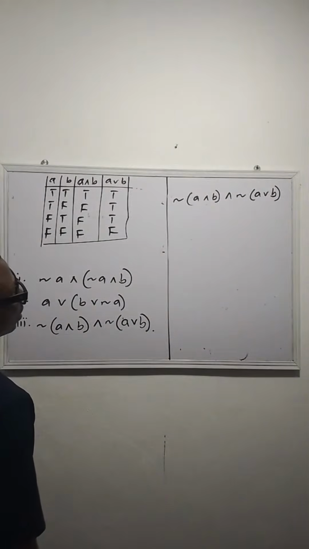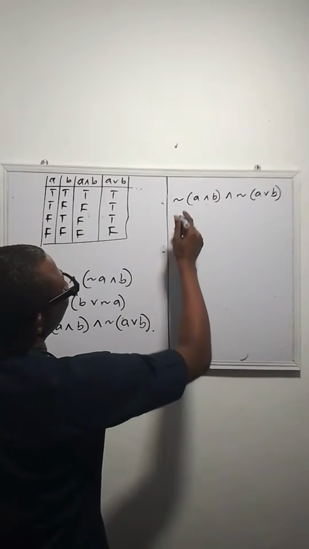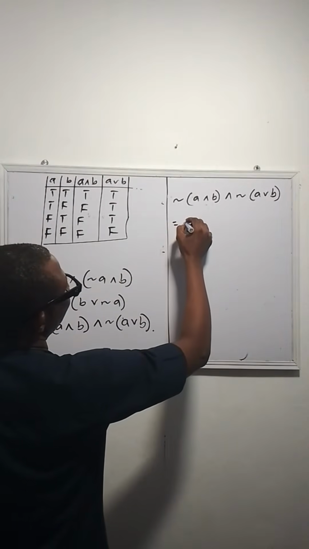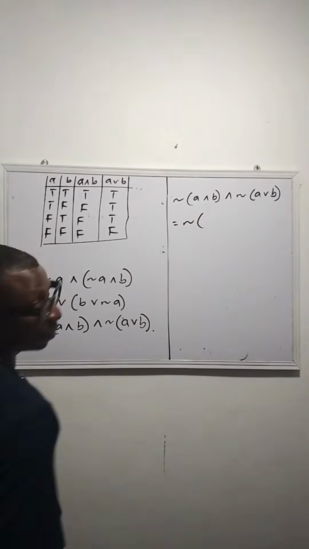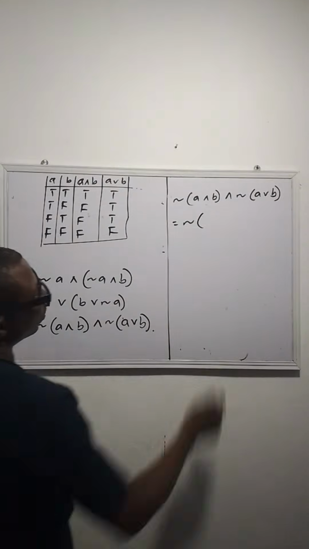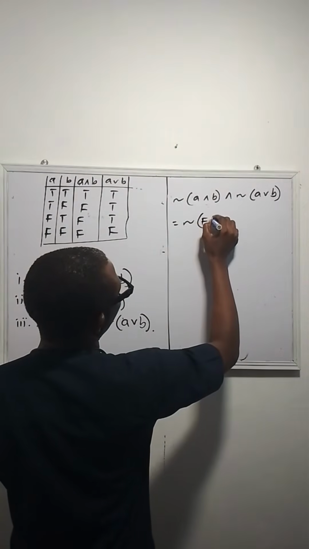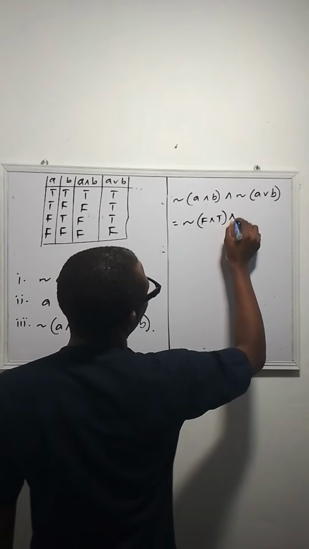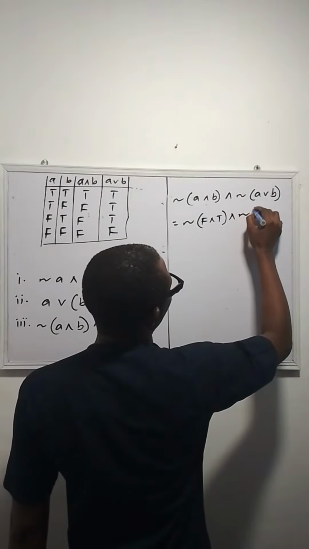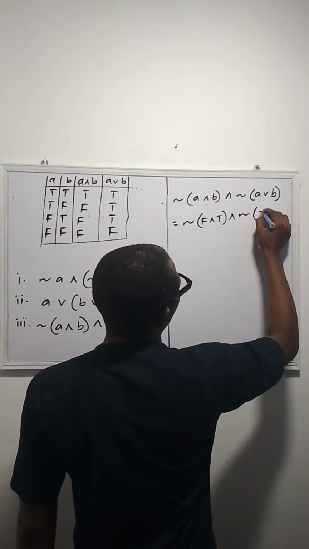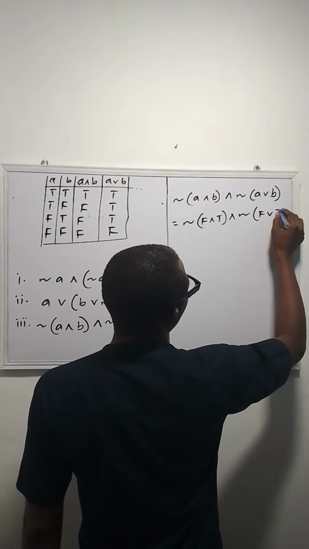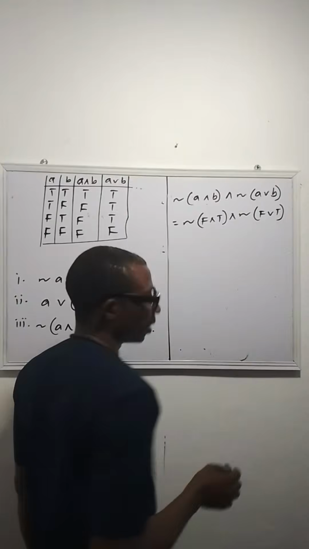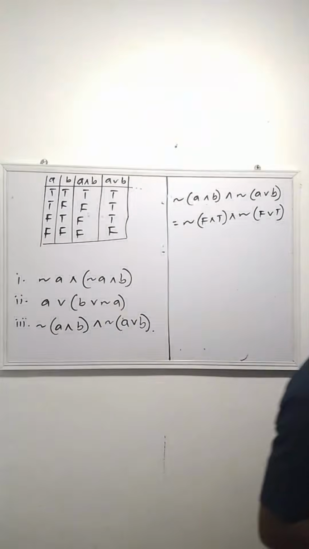So that is what we have. And then this gives us negation of, the first one is false. We have false and true, and negation of false or true.